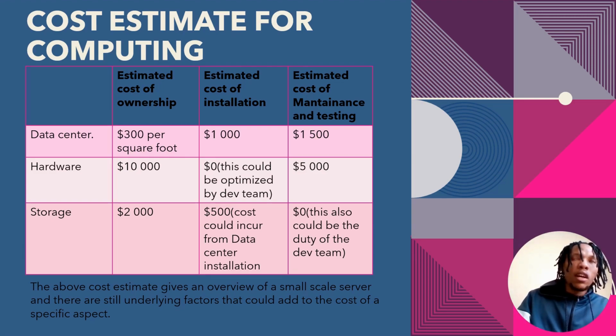For instance, the cost for intangibles like the area of hosting a data center are not incurred in the table above. As you can see, it mainly focuses on the data center, your hardware, and your storage, and a rough estimate is provided in the table.